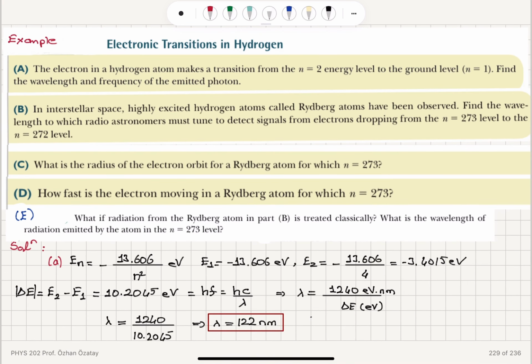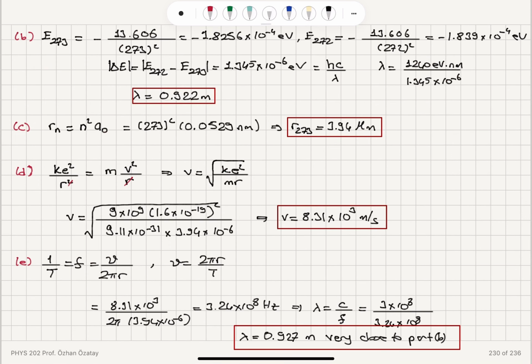The radius, how fast is the electron moving in the Rydberg atom, that we can calculate using the centripetal force of the Coulomb force, the attraction between the proton in the nucleus and the electron. And that gives us a speed of the square root of ke² over mr, which is 8.31 times 10^3 meters per second. And if we treat this electron classically in part E, this speed corresponds to a frequency, v is equal to 2 pi r times the frequency, 3.24 times 10^8 hertz.